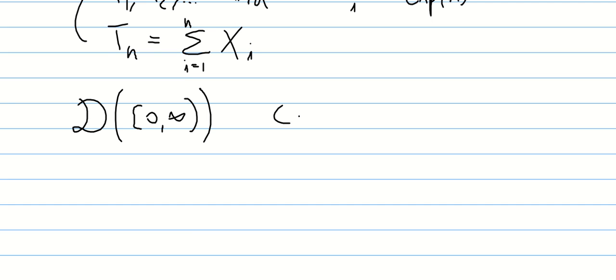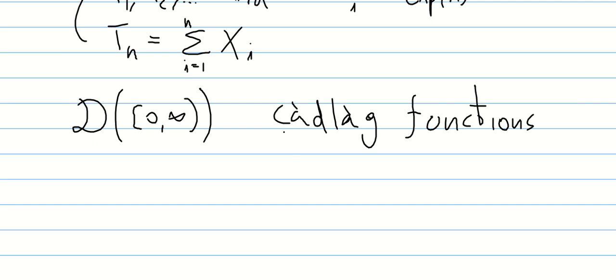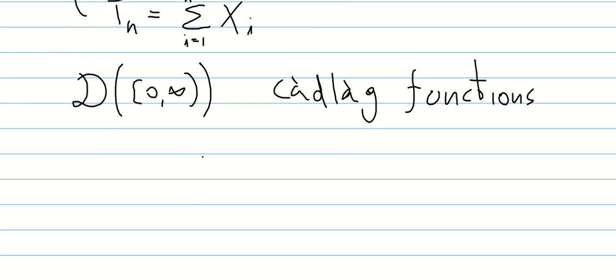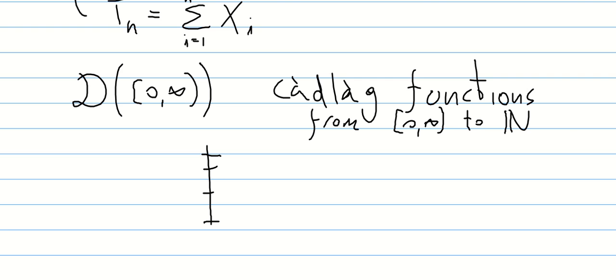Let D[0,∞) be the space of all càdlàg functions. I don't know if you already saw this definition. A function is càdlàg if it's continuous to the right and has a limit to the left. In French, it's continue à droite, à limite à gauche. So we have functions like this, for example, from [0,∞) to the natural numbers.